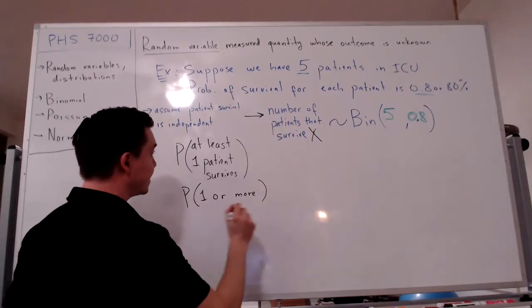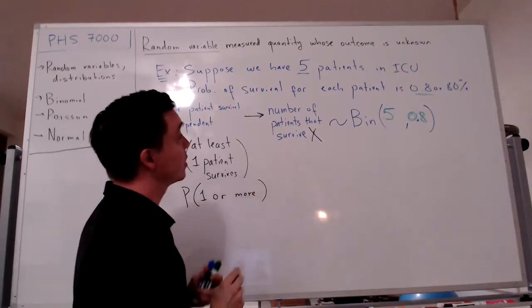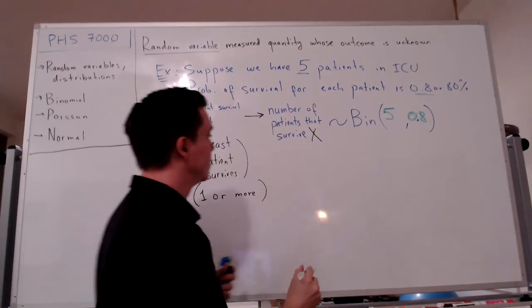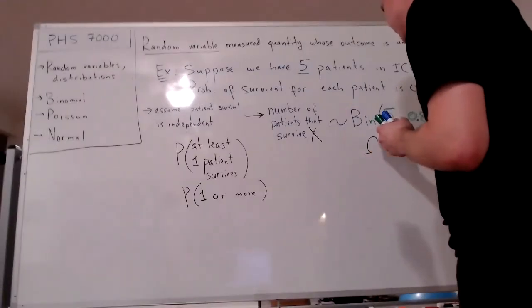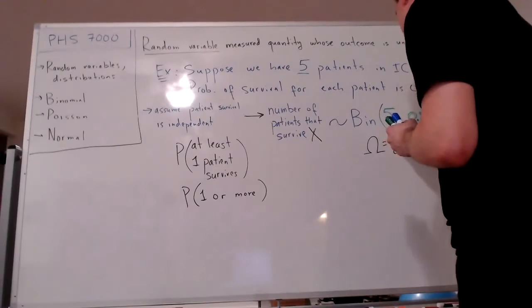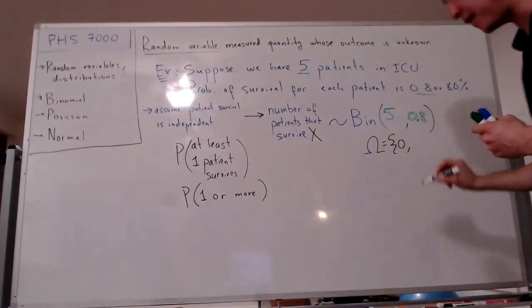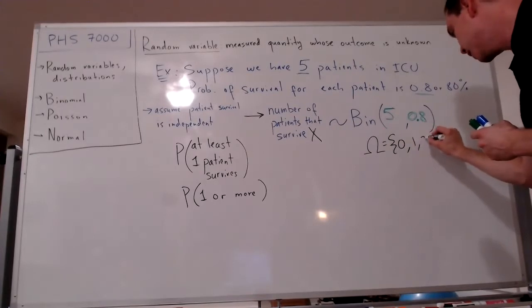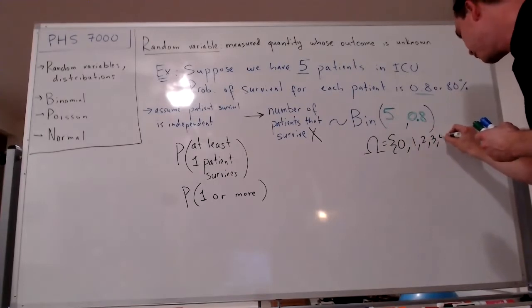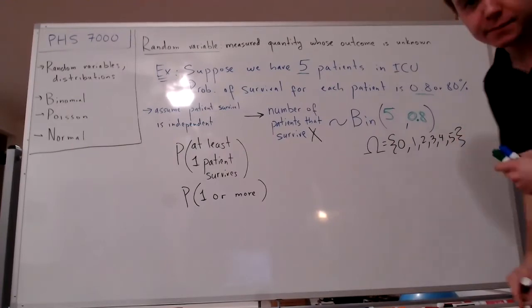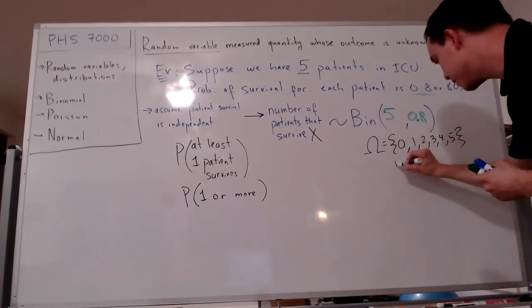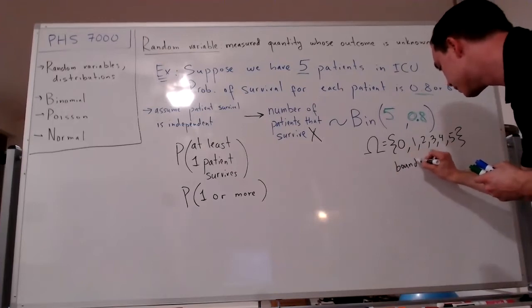This is the same as, okay, so when I have 5 patients, my sample space, remember sample space? List of all possible outcomes. I can have no patients out of 5 survive. I can have 1, I can have 2, 3, 4, 5, the end. So look, this is a bounded sample space.